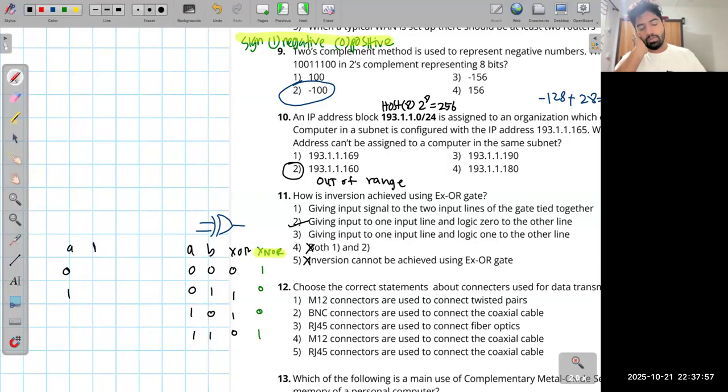A and 1. Different inputs give 1, same inputs give 0. When A is 0, it gives you 1. When A is 1, it gives you 0. 0 1 gives 1, 1 1 gives 0.